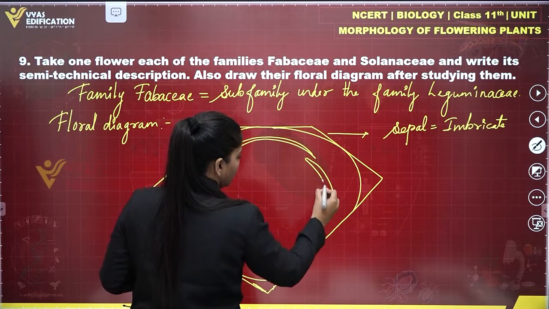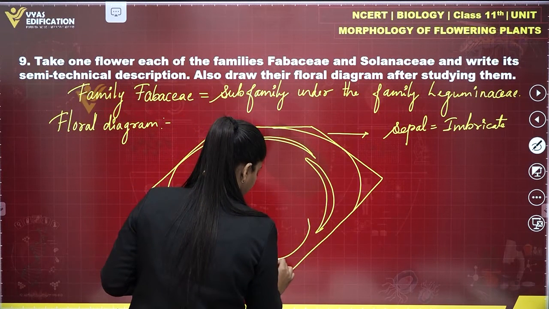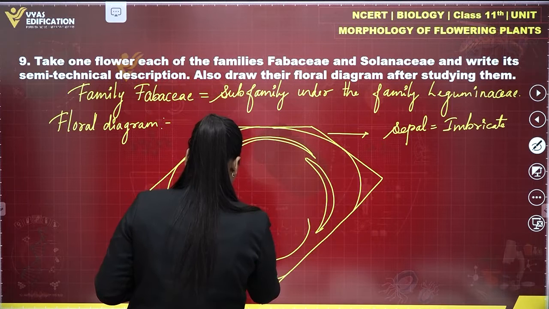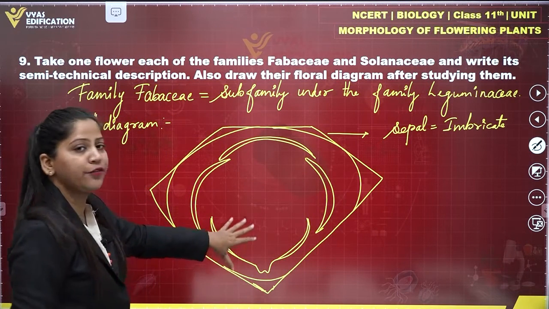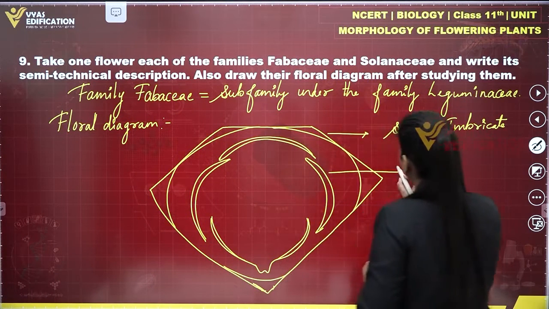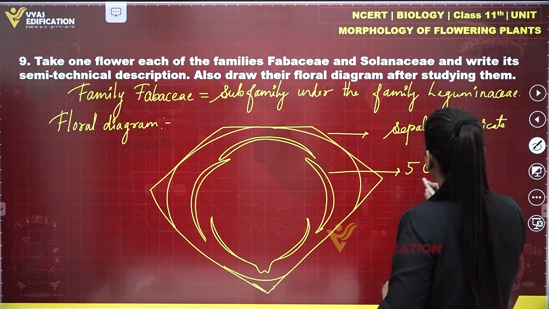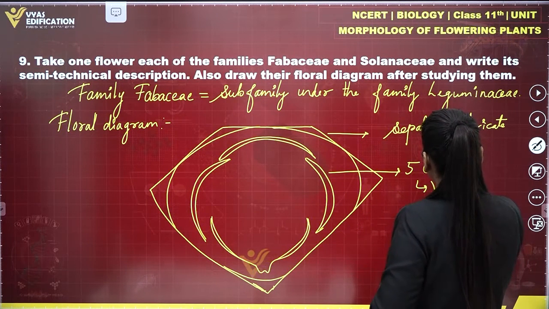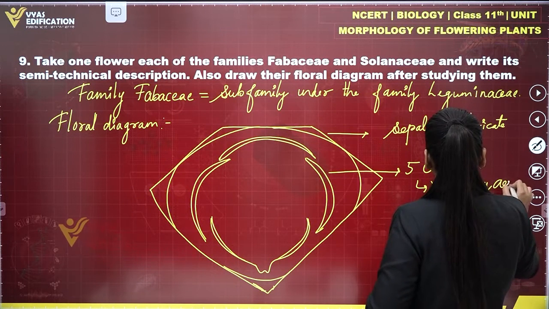So this will be made like this. This is the representation of vexillary estivation of corolla. So these are 5 corolla or petals having vexillary estivation.